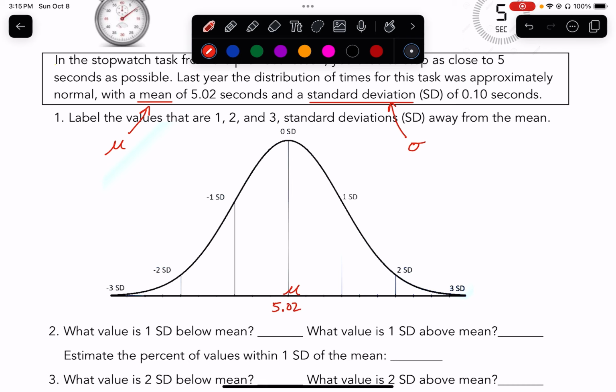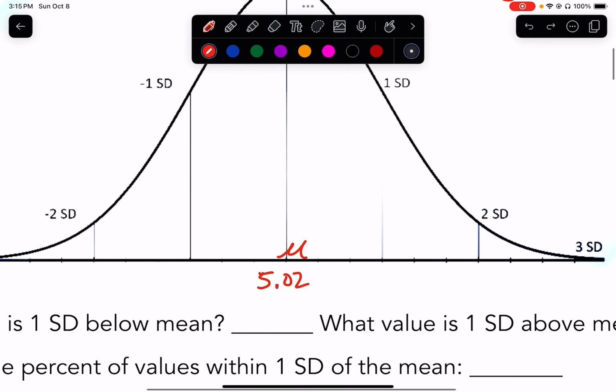Now to the left and right, our first lines say 1 standard deviation and minus 1 standard deviation. Since our standard deviation is 0.10, to get there, we're going to add 0.10, which gives us 5.12. On the left-hand side, we're going to subtract 0.10, which would give us 4.92.